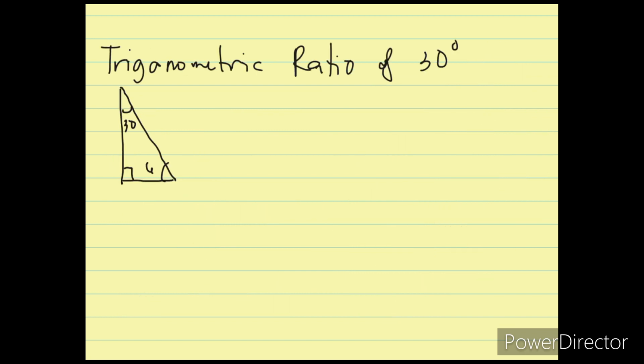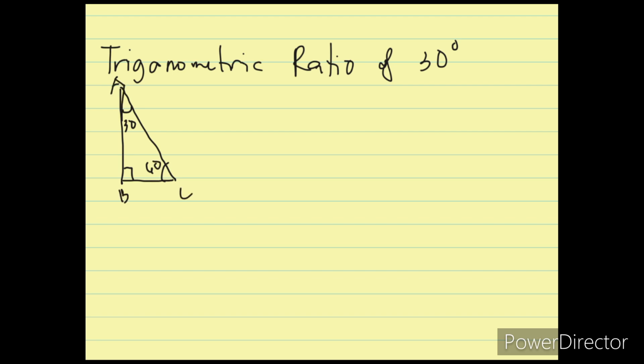Now let's talk about the trigonometric ratios of 30 degree. In a 30-60-90 triangle with the side opposite to 30 degree measuring 1, the length of the side adjacent to 30 degree is square root of 3. So where is the adjacent of 30 degree?